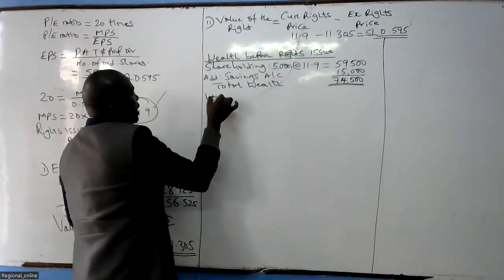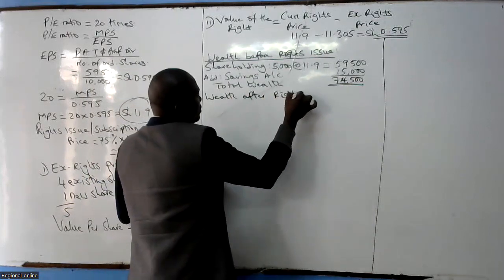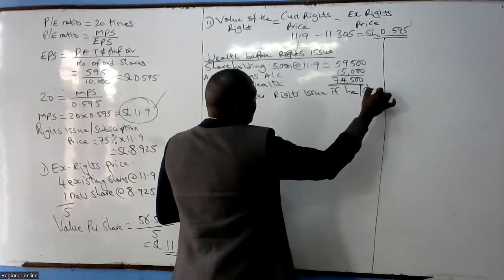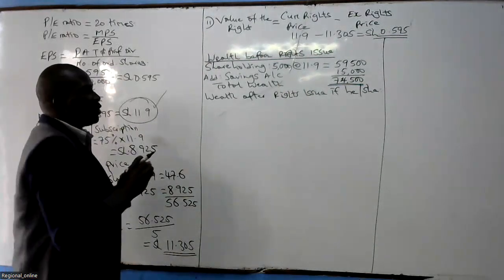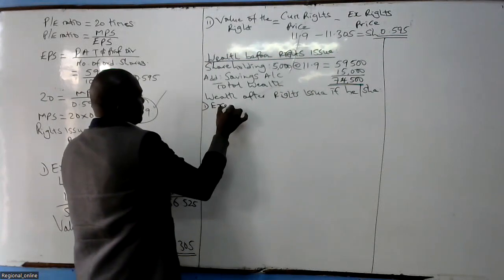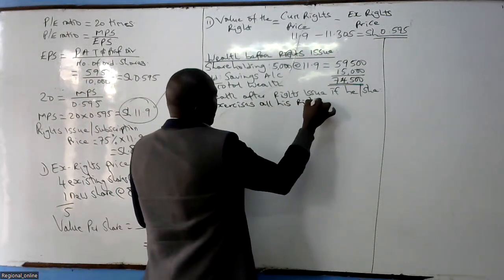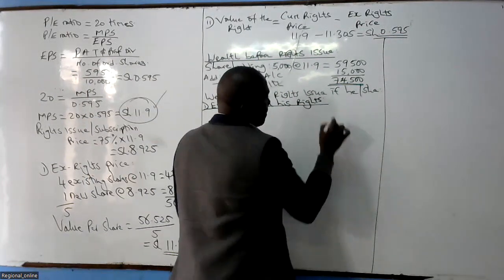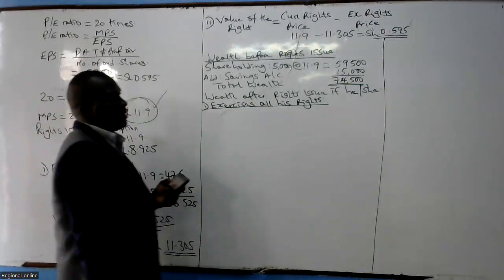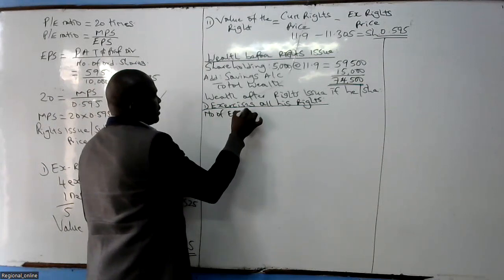First, if he exercises all his rights, we have the number of existing shares.